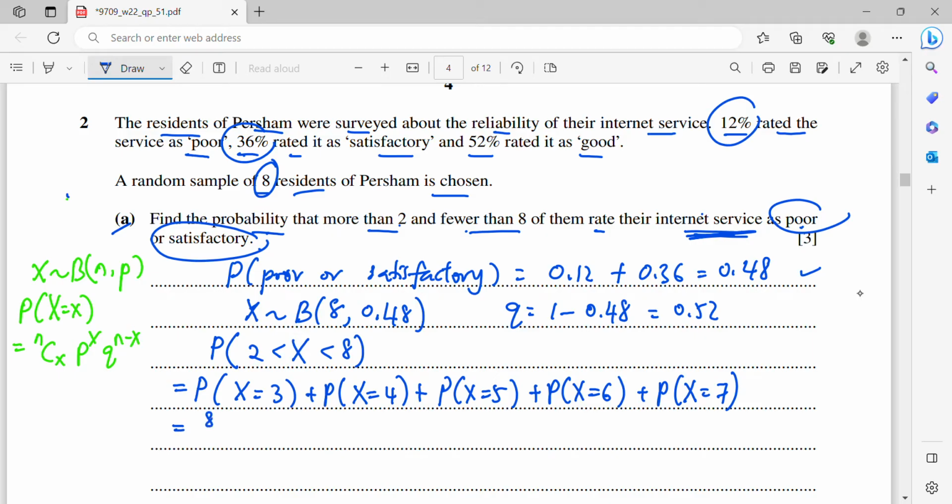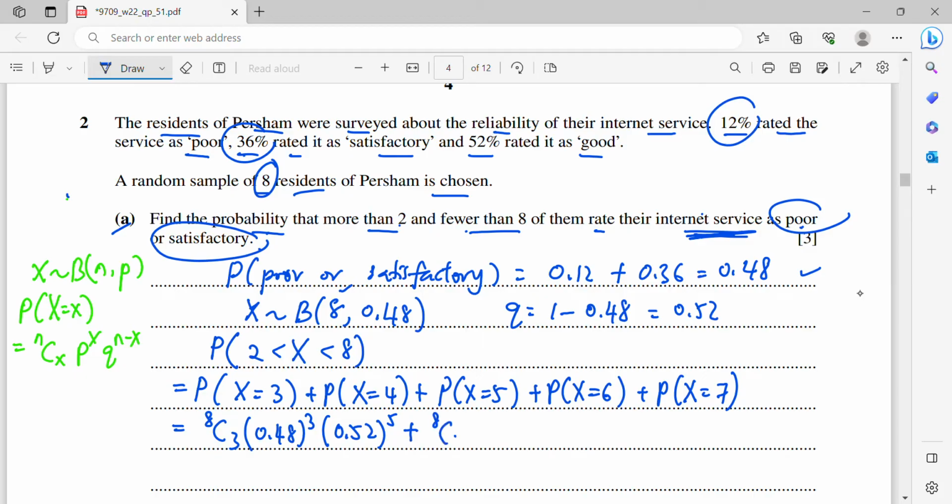So it will be 8C3, because your n is 8. Then the p is 0.48 to the power 3 because your x is 3. Then 0.52 to the power 5, meaning 3 successes and 5 failures.